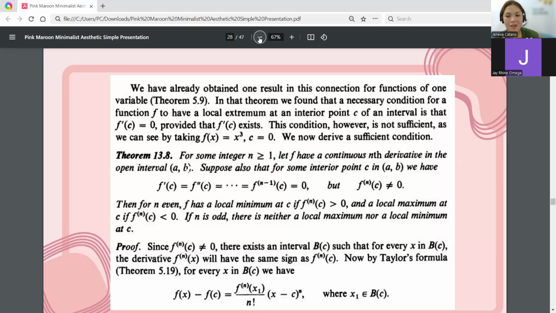This condition, however, is not sufficient, as we can see by taking f(x) = x squared and c = 0. We now derive a sufficient condition.